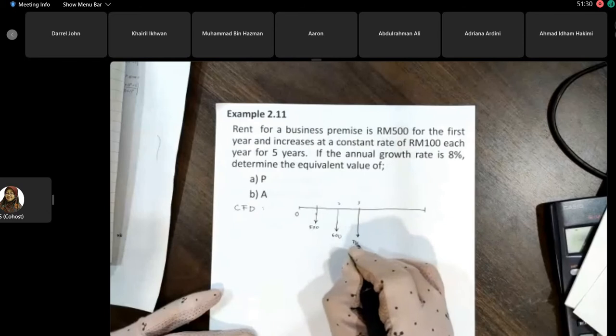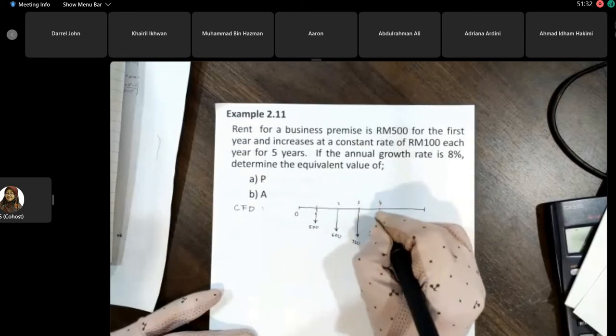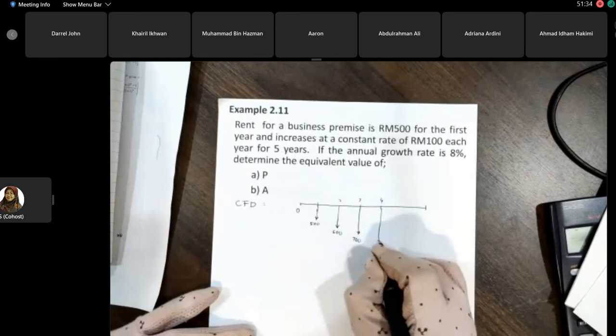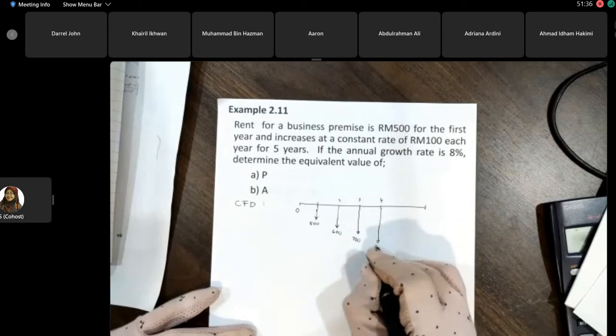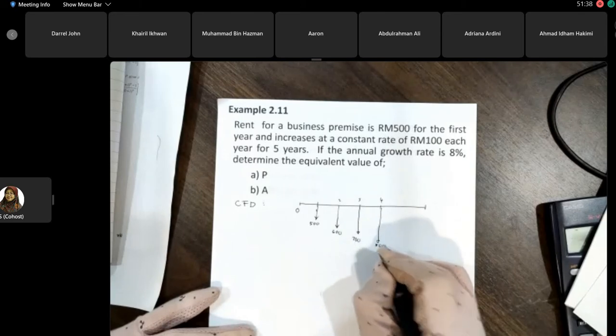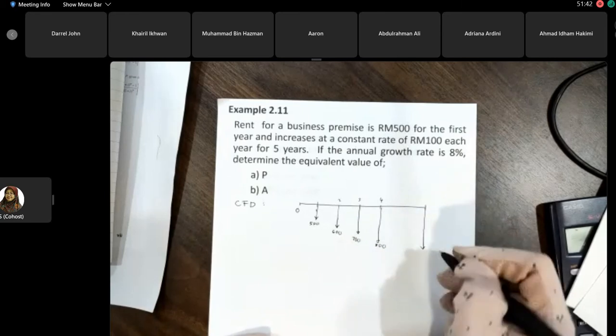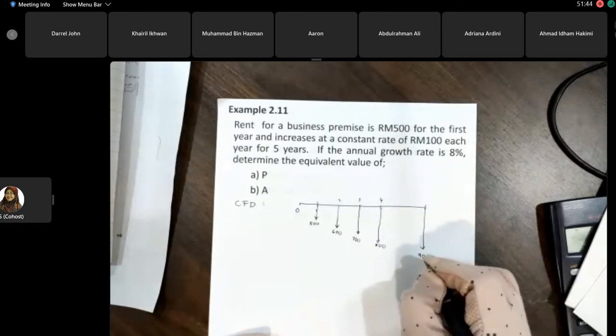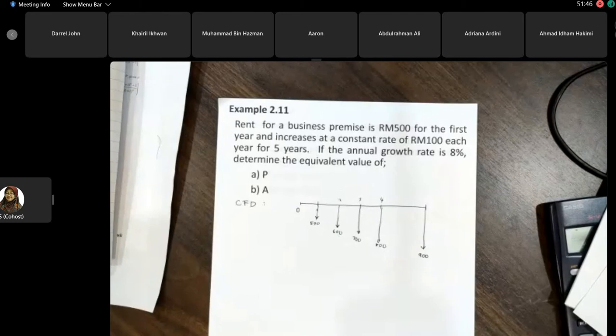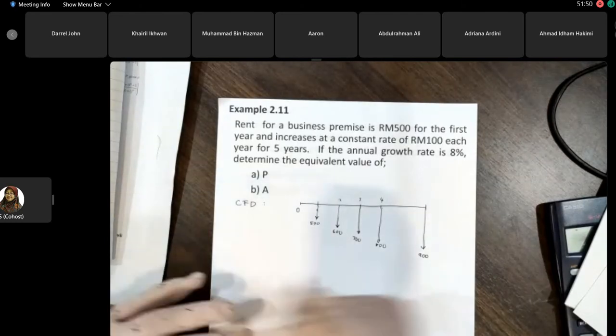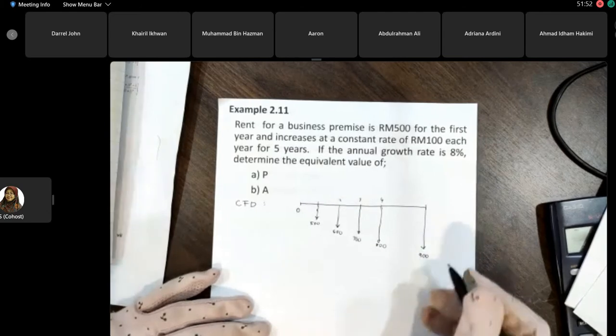So 700 ringgit. And fourth year naik lagi. Dia punya payment rental tu 800 ringgit until 5 years. So you have to pay 900 ringgit. So this is the cash flow diagram.